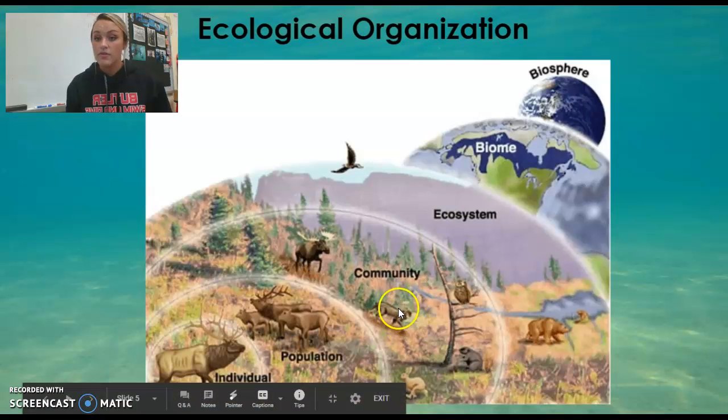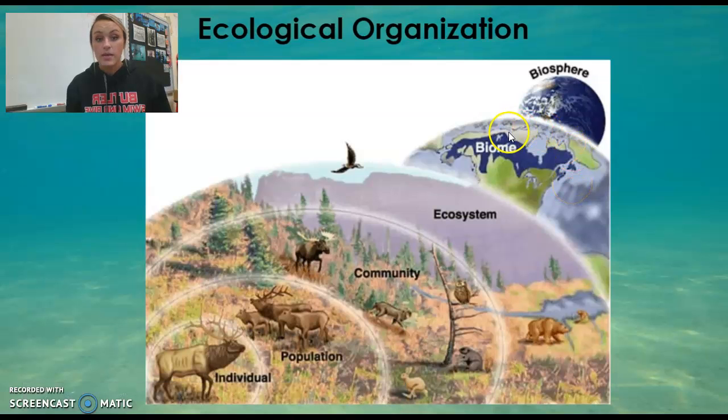So maybe we have a clownfish, maybe we have a sea anemone, maybe we have a damselfish, maybe we have some type of coralline algae. This is a community of the coral reef. The ecosystem itself will be the coral reef ecosystem. The biome is the area on Earth, so maybe the Pacific Ocean or the Indian Ocean. So these are our biomes, and our biosphere is basically the area on Earth where life can be sustained.